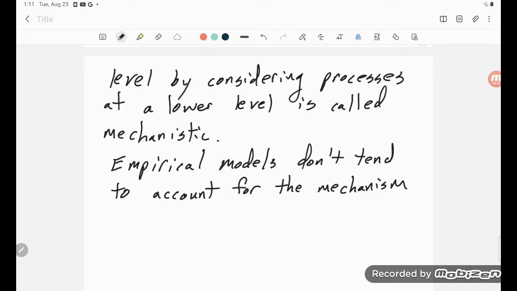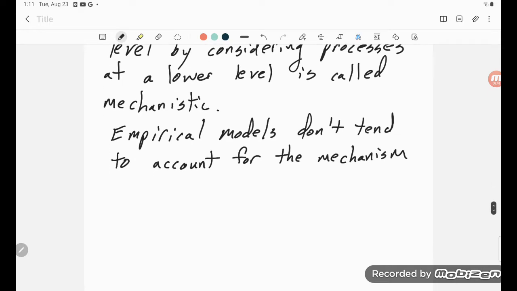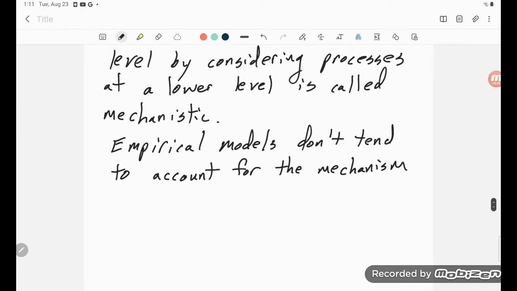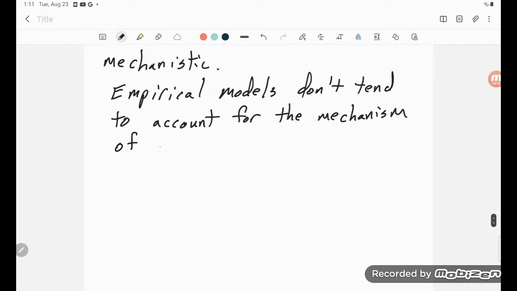If it's not accounting for the mechanism, that makes it hard to be mechanistic, right? So we've got empirical versus mechanistic.